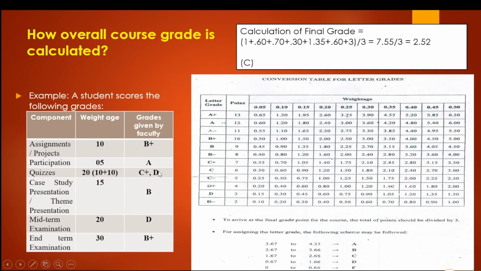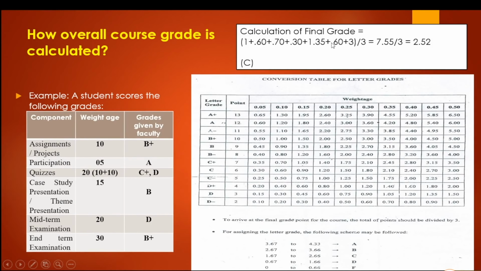For D, the weightage is 10%, so take D here and weightage is 10%, so 0.30, right? So we have got 0.30 here, and C plus 10%, 0.70 here. So 0.70 and 0.30 are the numbers which we have given for C plus and D here, right?